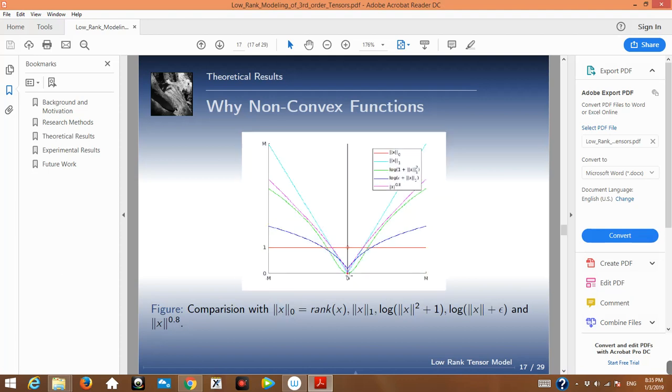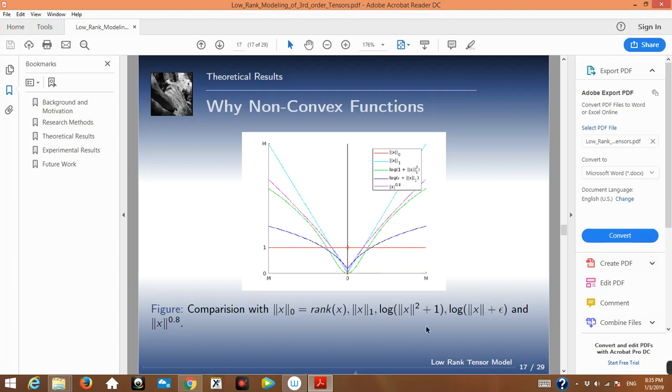Now, if we want to use a linear function to approximate the rank of a tensor, then when the singular value is very big, the gap is also very big. There will be a big gap between the nuclear norm and the rank.